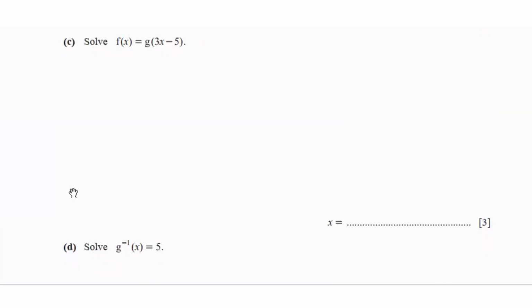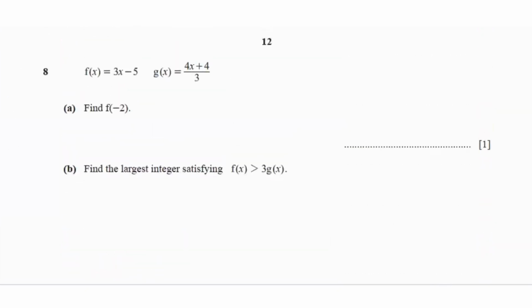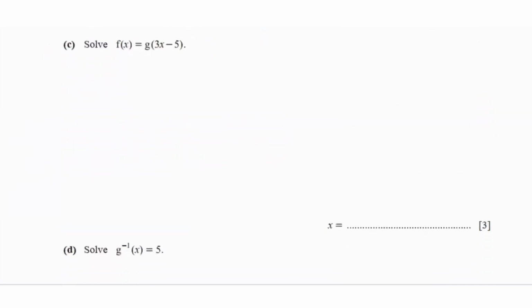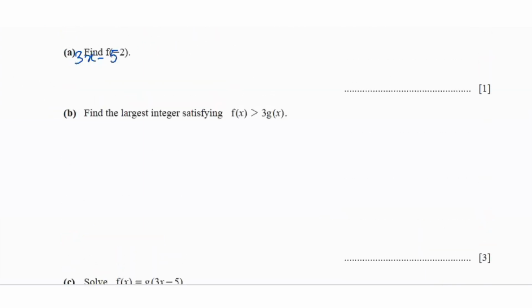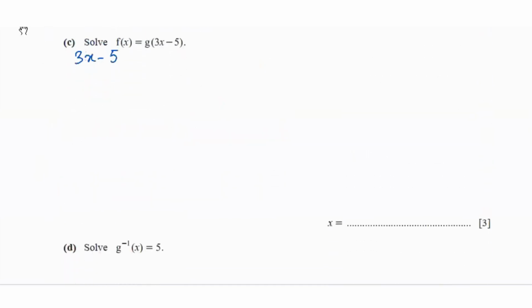Solve f of x equals g of 3x minus 5. So f of x is 3x minus 5. And g of x was 4x plus 4 over 3.